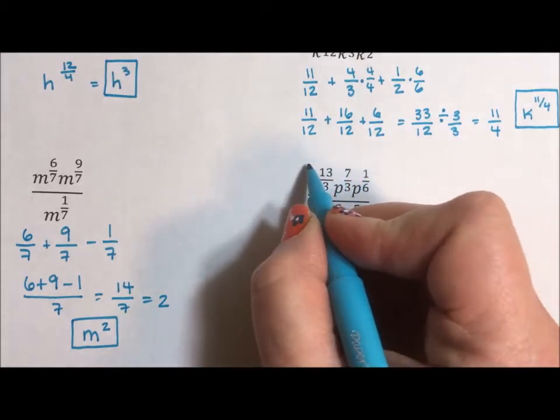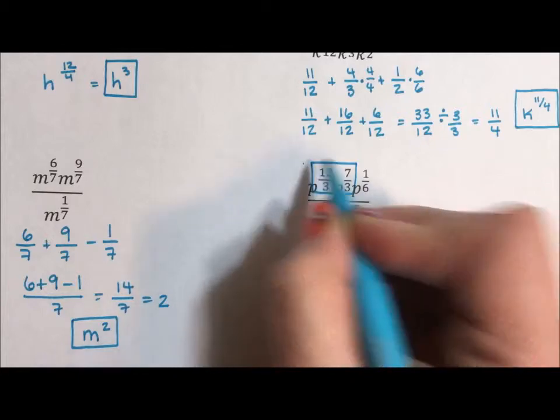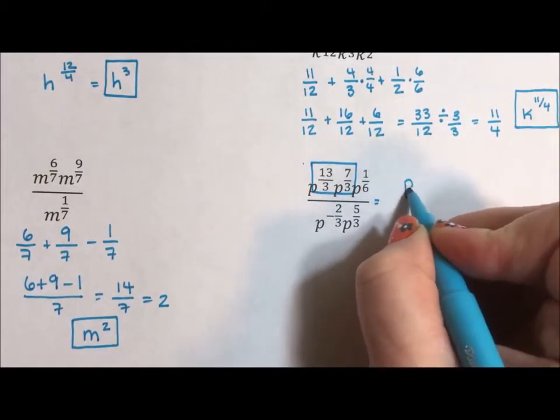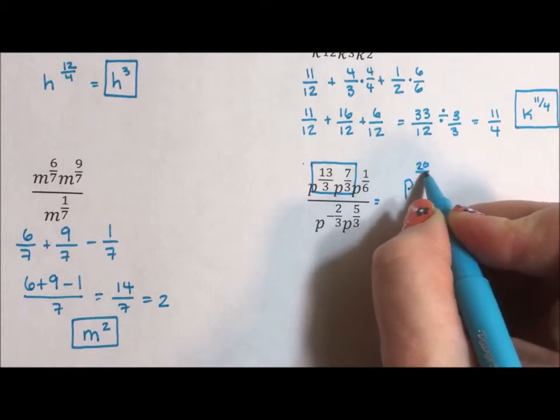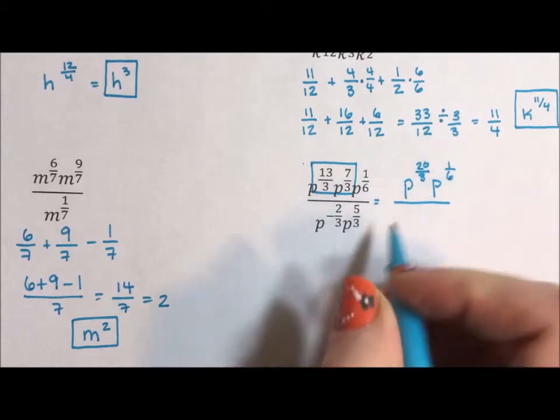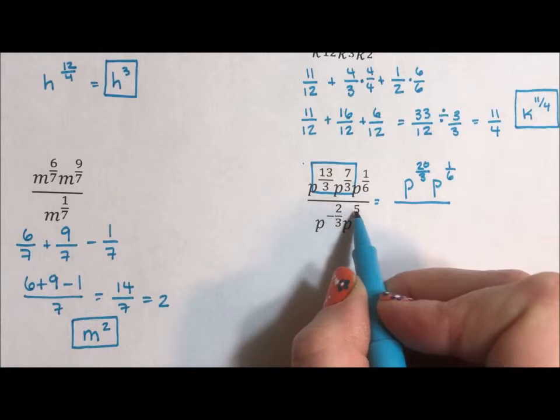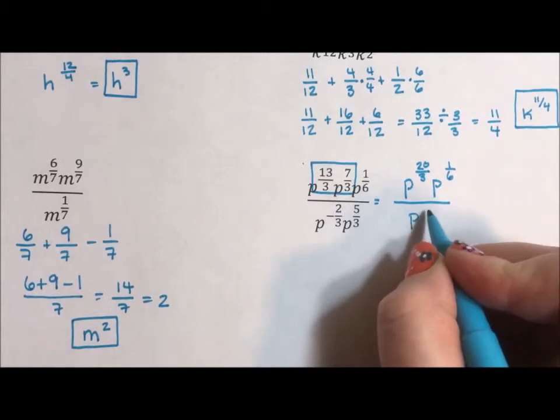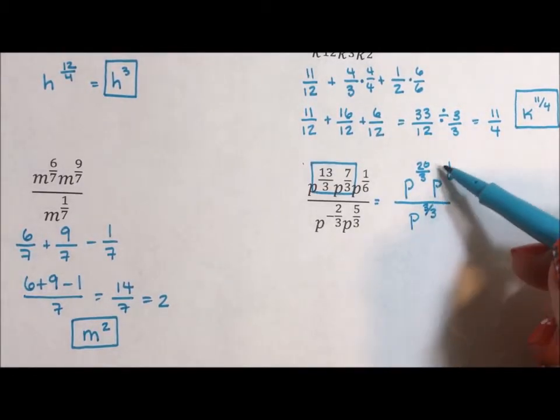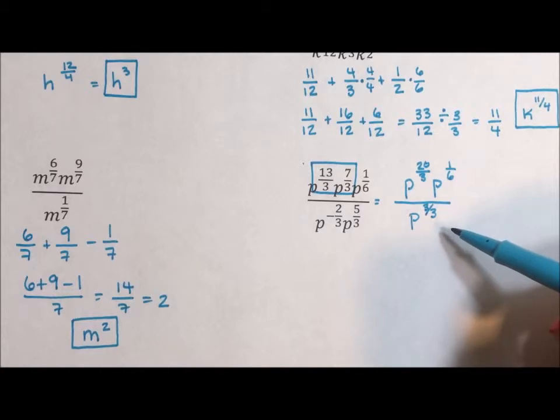I'm going to start by adding these 2 together because they have the same denominator, so that my numerator becomes p to the 20/3, p to the 1/6, over, and I'm going to add these, and by adding them I mean subtract, because -2 plus 5, I get p to the 3 over 3. Now before you take that 3 over 3 and make it 1, realize I'm going to eventually need to get all the same denominators, so I'm just going to leave it like this for now.